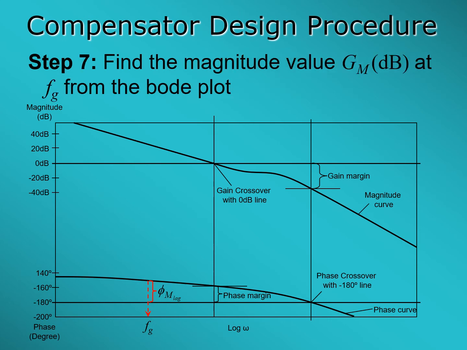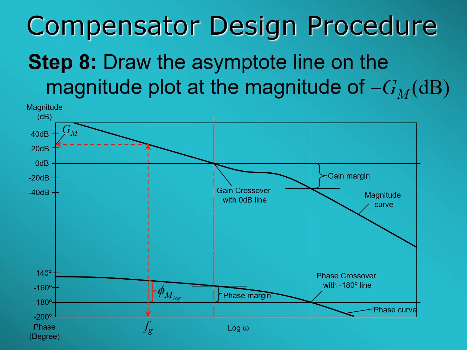Step number 7. You already know Fg, so find the magnitude value Gm in decibels at Fg from the Bode plot. You just project a line from Fg to the magnitude line, and when it touches the magnitude line, project it to the y-axis to get the value of Gm, which is in decibels.